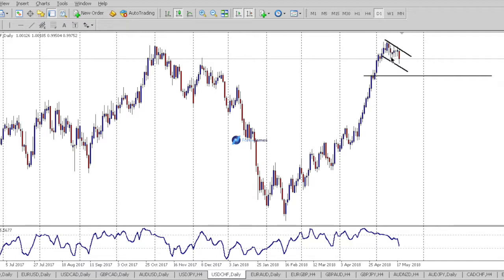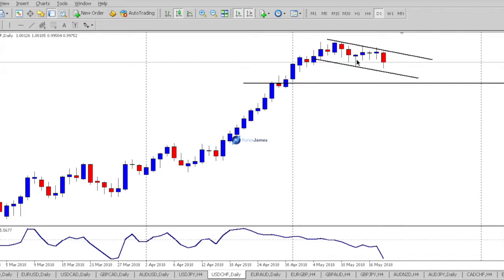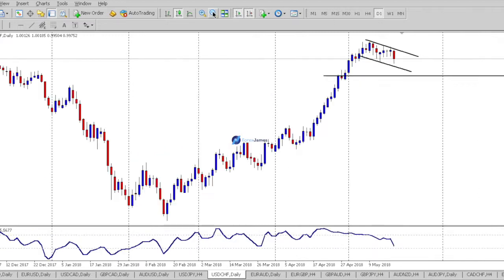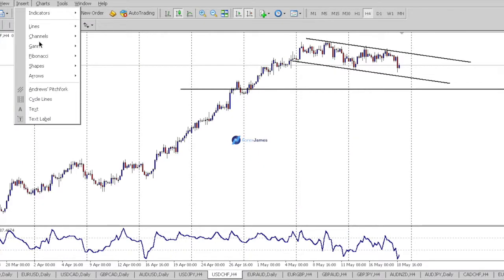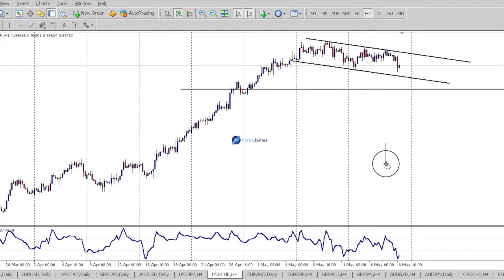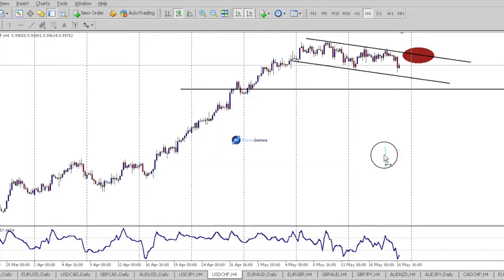Price is having a hard time going to the downside, as you can see with these wicks here. So the bears are coming in, but they're not as strong. Look for shorts up here, and longs right here.